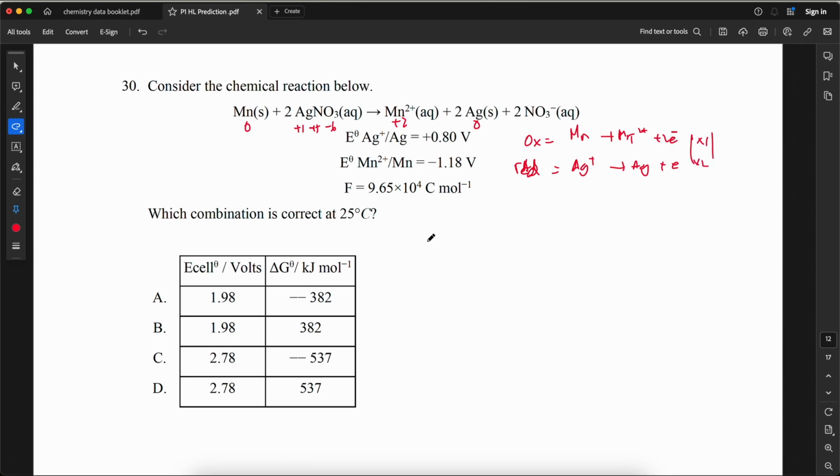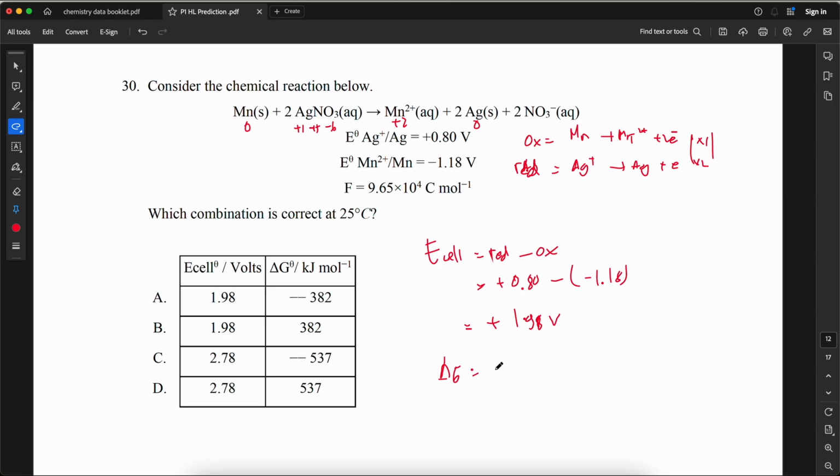Okay, so we need to calculate E cell, which is reduction minus oxidation. So from this data, plus 0.80 minus 1.18, you will get plus 1.98 volts.